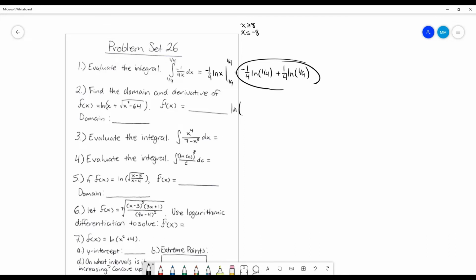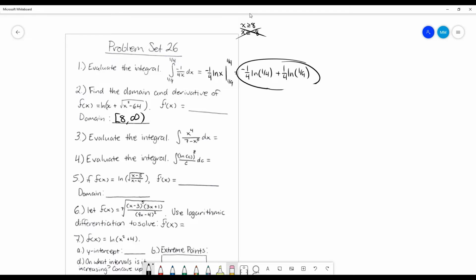And if I plug in a negative 9, same thing. And obviously I can't plug in anything bigger than negative 8 unless it's also bigger than positive 8, because that doesn't work. So looking at this, anything in those negatives basically is not going to work for us. So we can't include that. So our domain is just going to be that x is greater than or equal to 8, which I would write in interval notation like so.